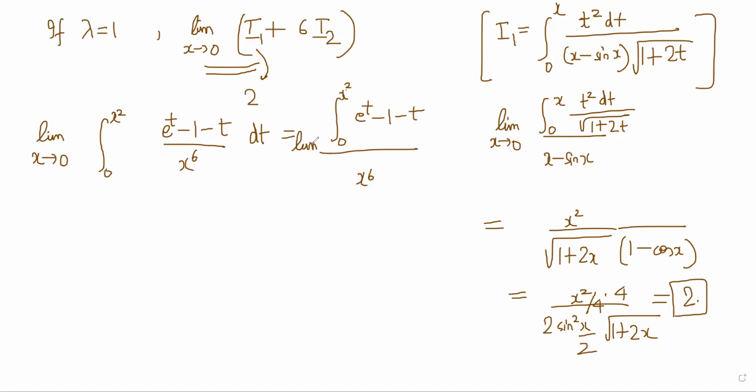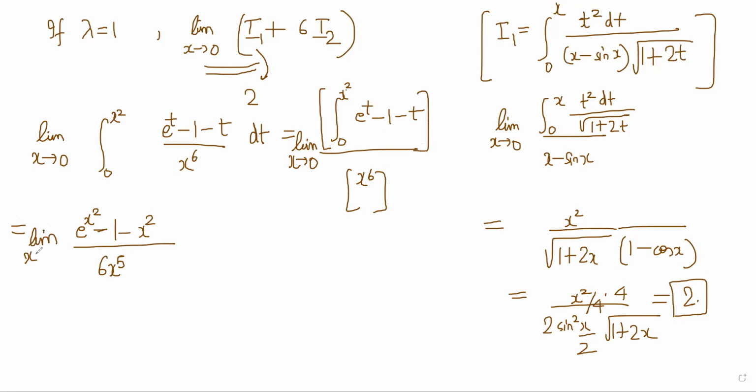And I have to take this limit as x tends to 0. So obviously, again, this is in L'Hopital's form because the numerator is tending to 0 and the denominator is also tending to 0. So what I get after differentiating is (e power x square minus 1 minus x square) divided by 6x power 5, limit as x tends to 0, right?